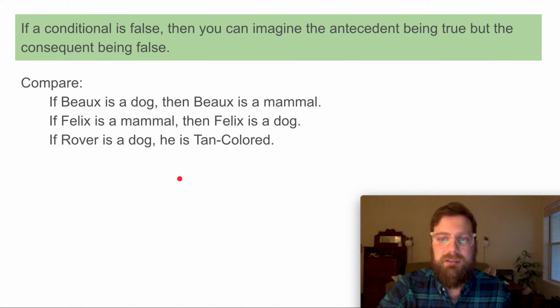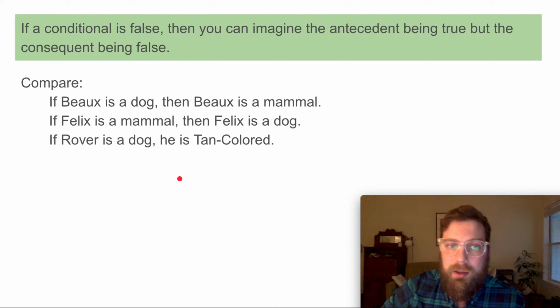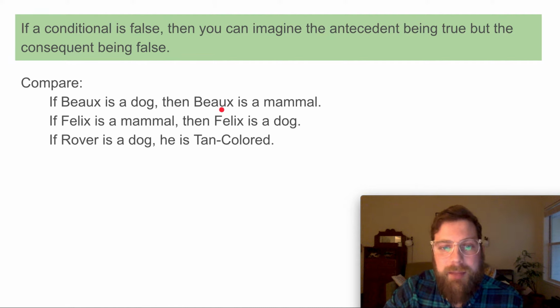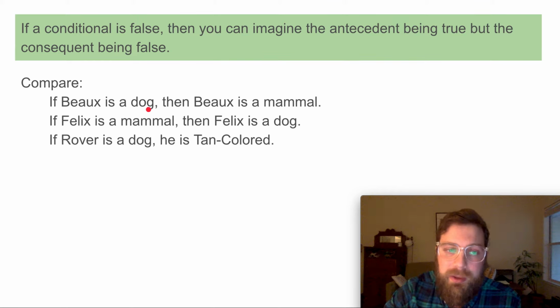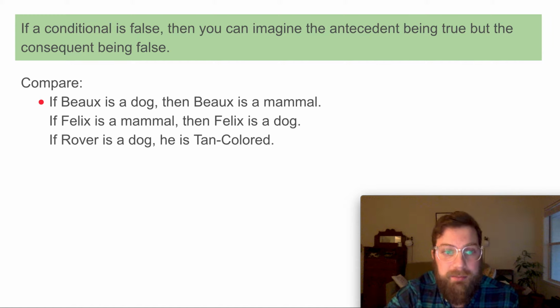If Bo is a dog, then Bo is a mammal. Well, when we think about this, it's pretty much impossible, unless you get really weird and crazy with your imagination, for something to be a dog but not a mammal, right? So this first sentence is a true conditional, a true if-then statement.